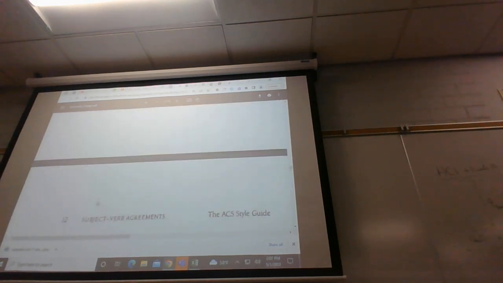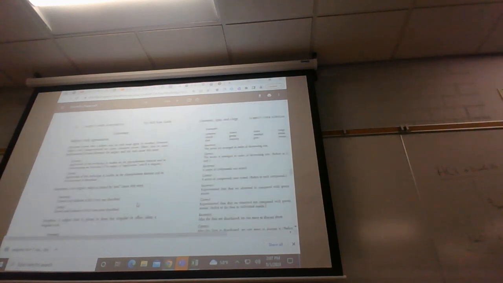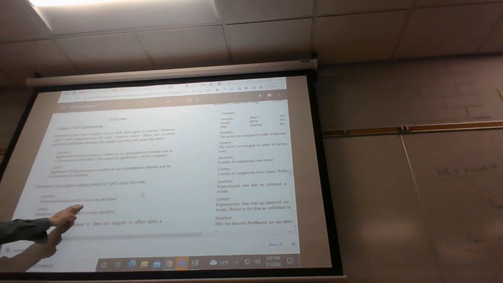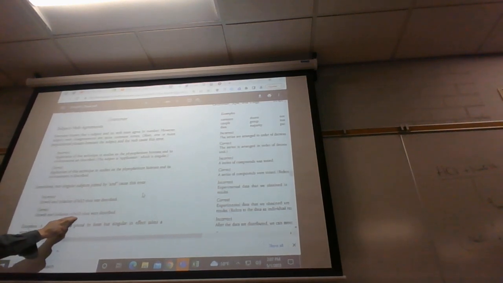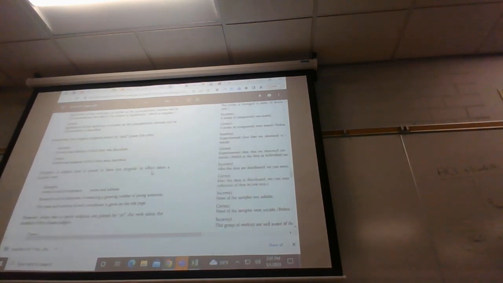And this is specific for science here. So they'll give you a lot of examples. Like incorrect: Growth and isolation of M13 virus was described. Correct: Growth and isolation of M13 virus were described. Something like that. So you can read through this.